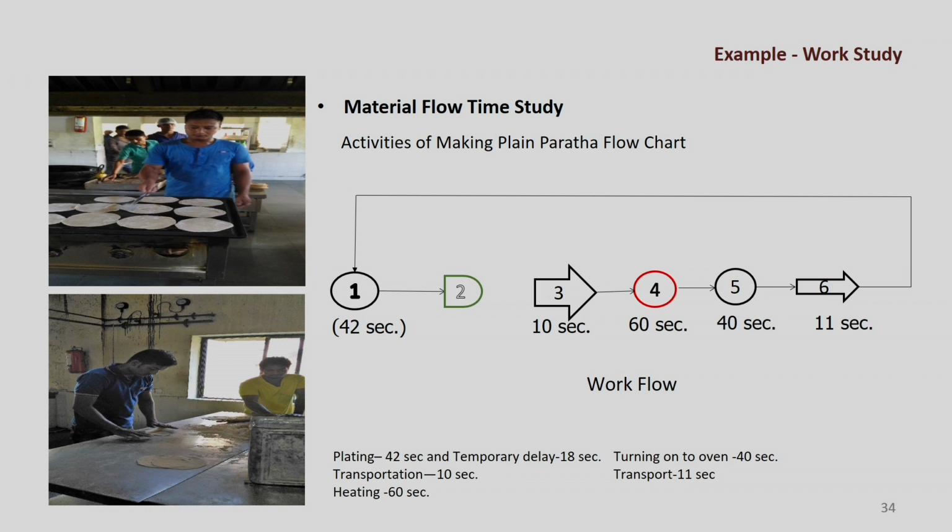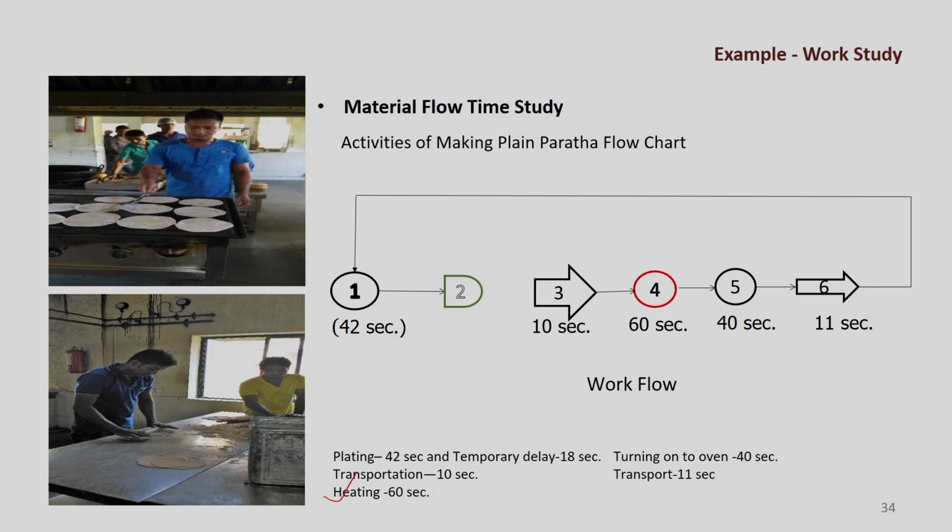Here I am trying to give you an example of chapati making or paratha making at our hostel mess. It is very simple; here we only try to explain the material flow. First is the plating. We plate it for 40 seconds and there is a temporary delay where we wait for it to heat. Then we do the transportation, then heating.